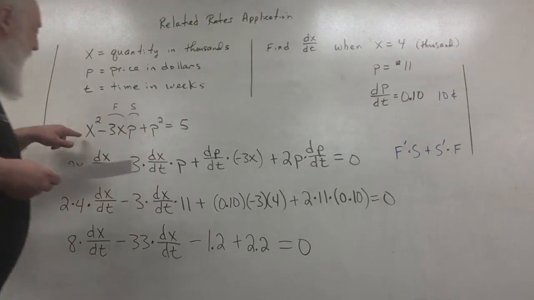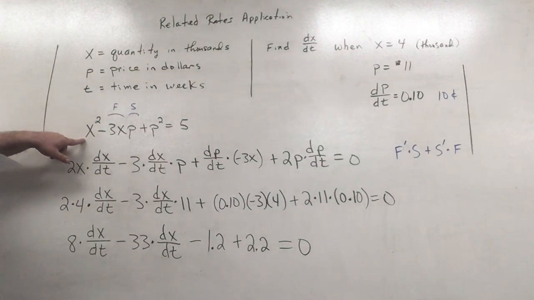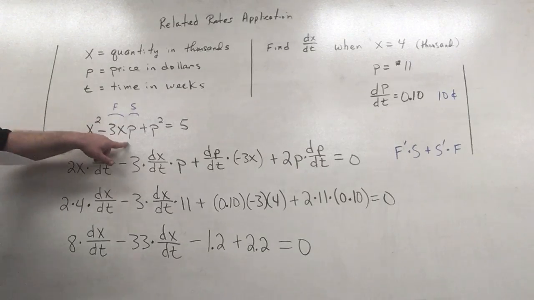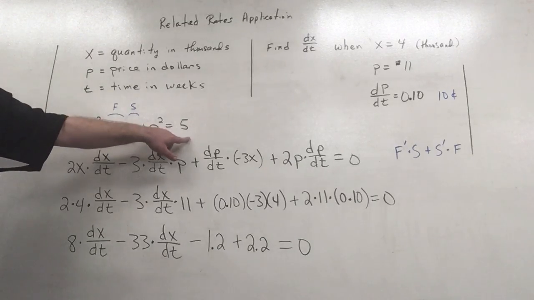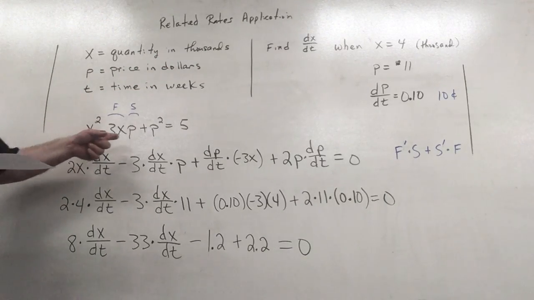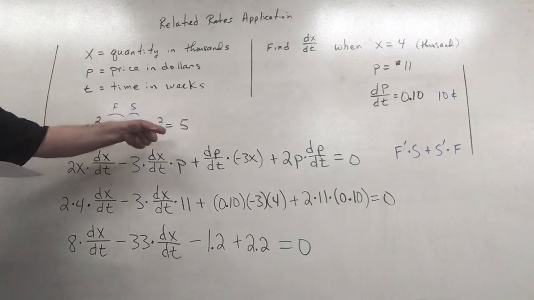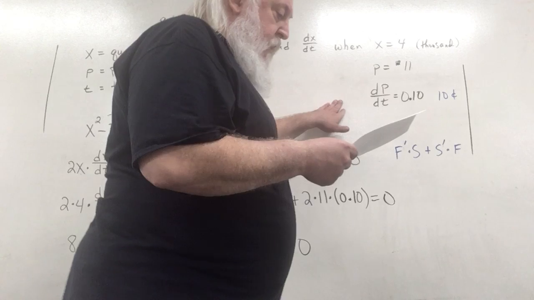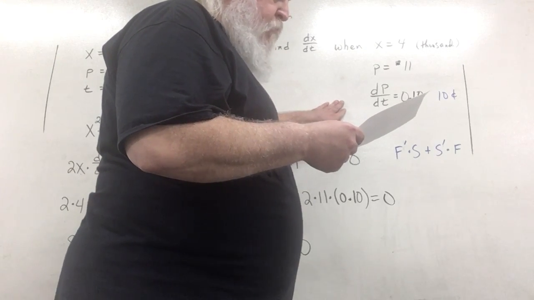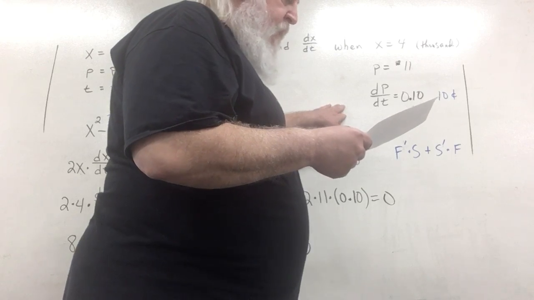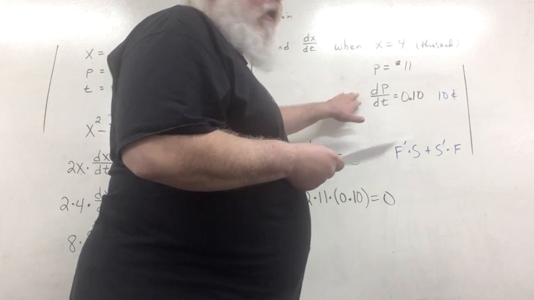Now, if you plug in 4 for x in the supply equation and 11 for p and do the arithmetic, you'll see that the left-hand side equals 5. So that combination of x and p, 4 for x and 11 for p, satisfies the supply equation. And we're given that the price per drive is increasing at a rate of 10 cents per drive each week.